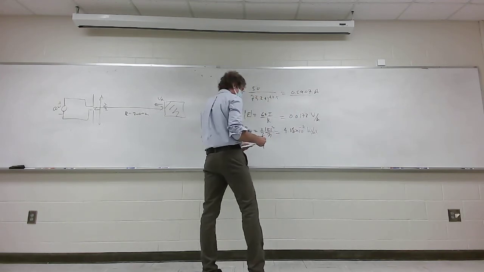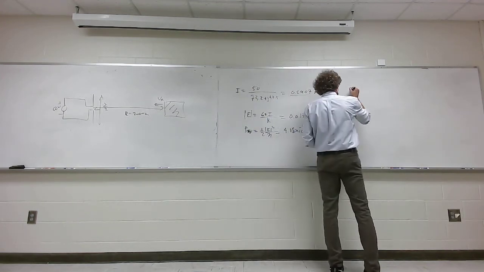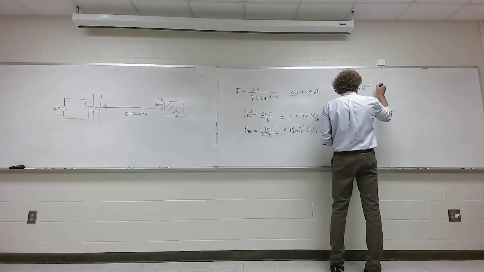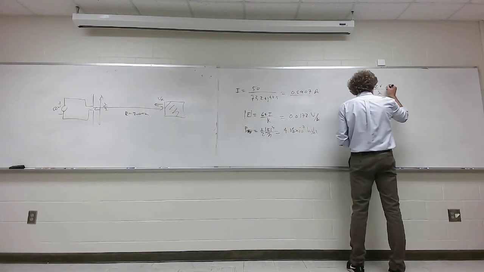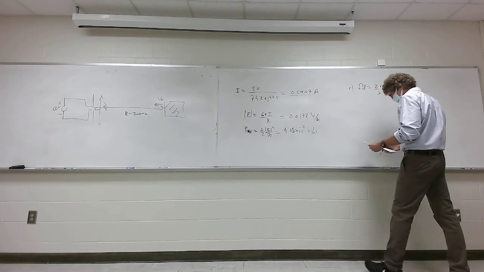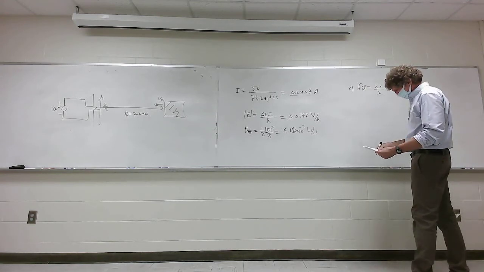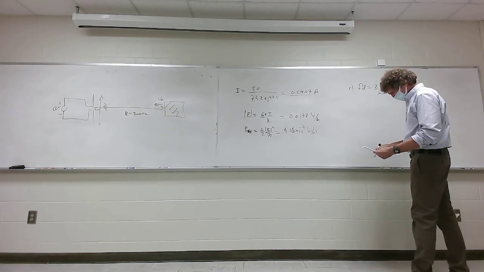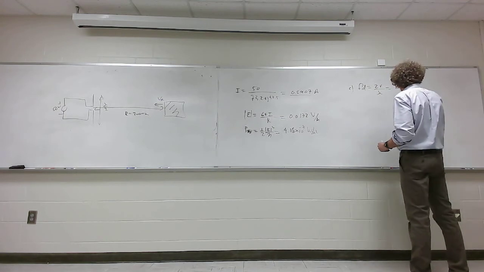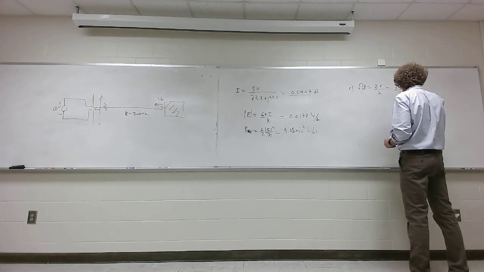And then for the Doppler frequency, the Doppler shift is just 2 times V over the wavelength. So it's 2 times 4,000 over the wavelength, which is c over f, with c being 3 times 10 to the 8th.